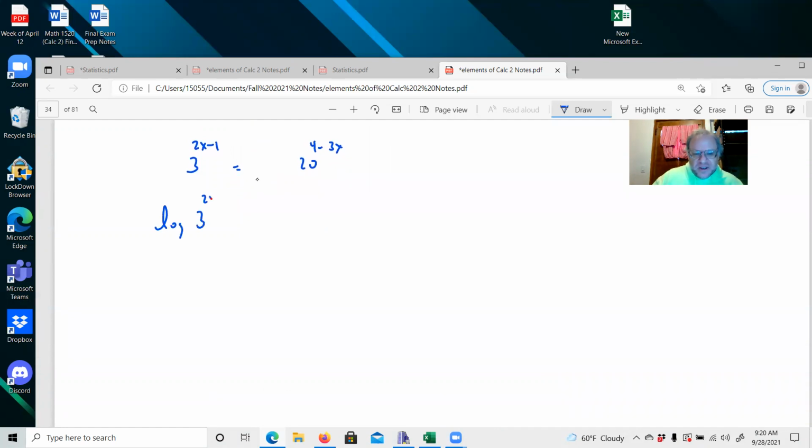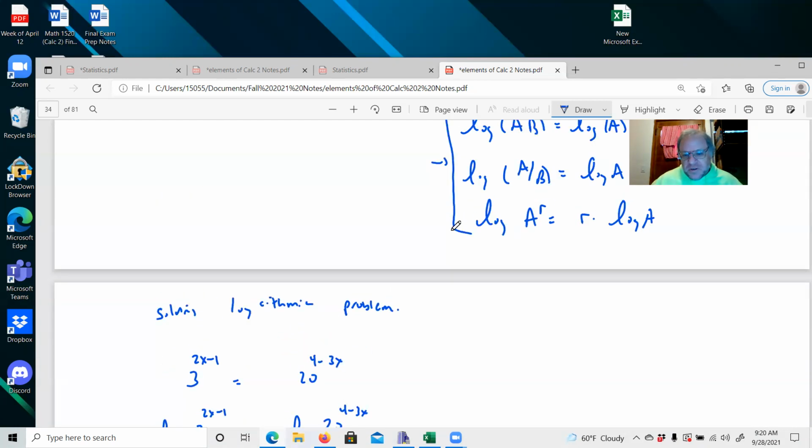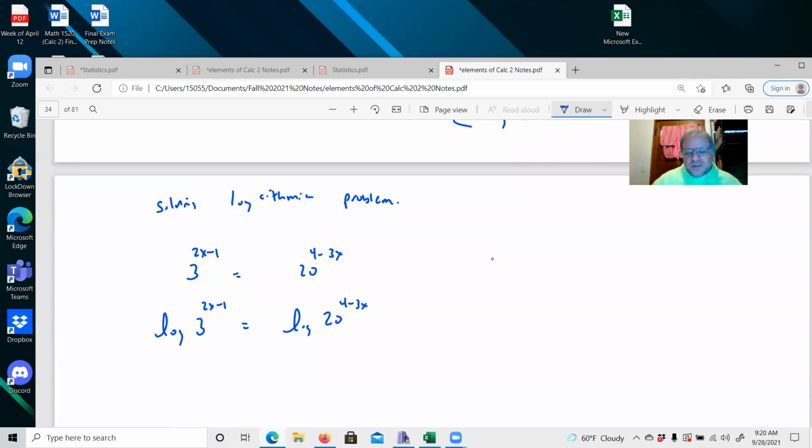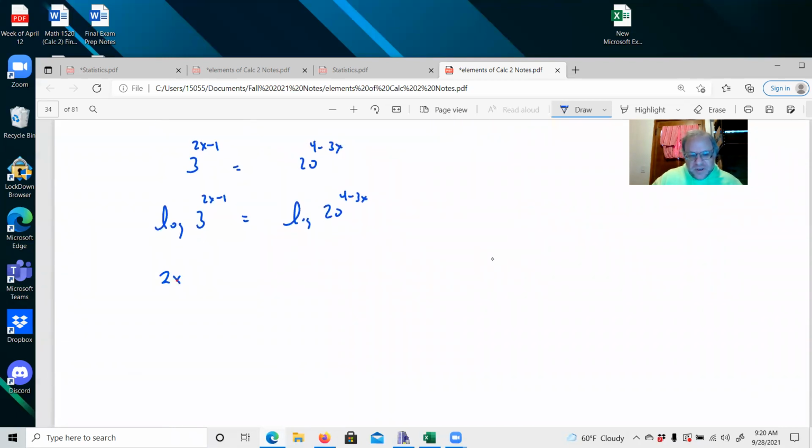So this is log of 3^(2x minus 1) is equal to log of 20^(4 minus 3x). Remember the rule we just went over: log of a to the r is equal to r times log a. We're going to pull this stuff down. So this is (2x minus 1) log 3 is equal to (4 minus 3x) log 20.